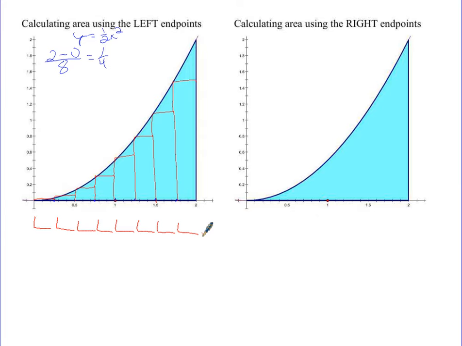Now find the heights. So this one here would be 0. Okay, next one. 1/4 squared. 1/16. So 1/32. Okay, next one. So it's 1/2 squared, 1/4 times 1/2 is 1/8.